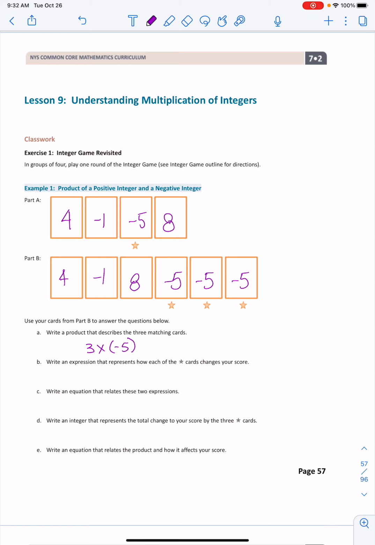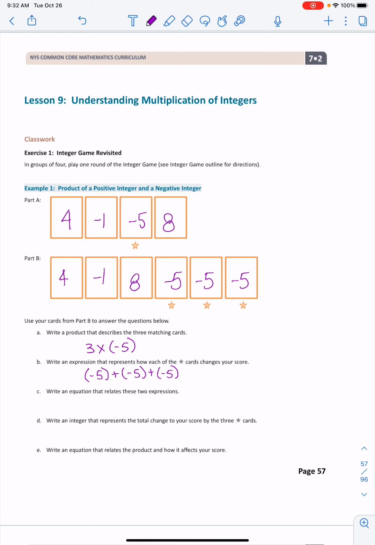It says, write an expression that represents how each of the starred cards changes your score. Well, it would change our score by adding -5 each time. So here it says, write an equation that relates these 2 expressions.